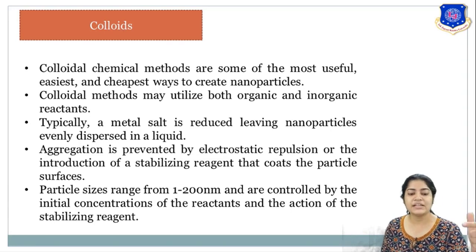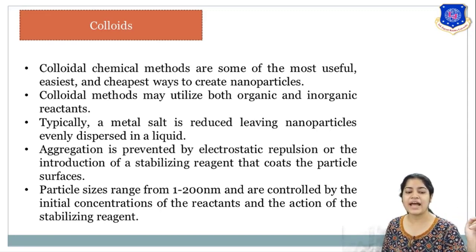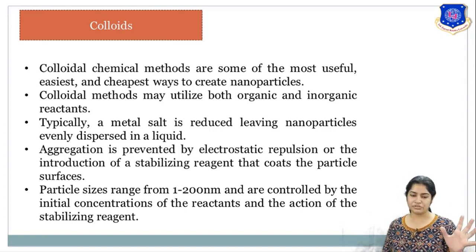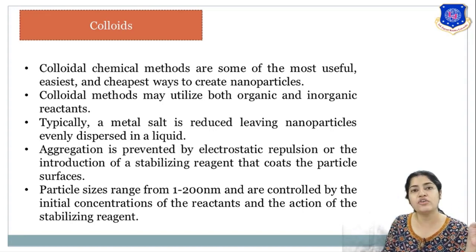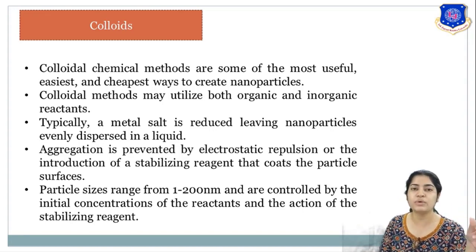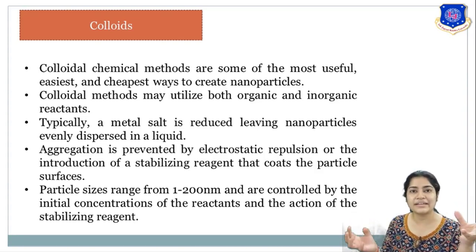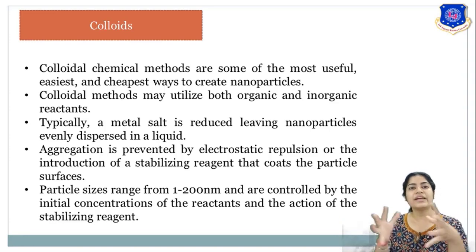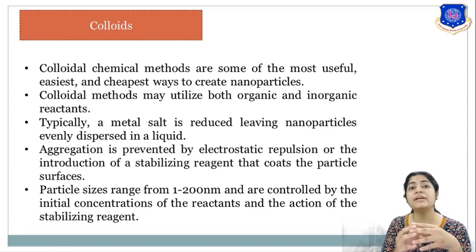So particle sizes from 1 to 200 nanometers are there and are controlled by the initial concentration of reactant and the action of the stabilizing reagent. Try to understand, 200 nanometers is large in comparison to 1 nanometer. What does it mean? That your reactant, your solute, has agglomerated to form a big nanoparticle.